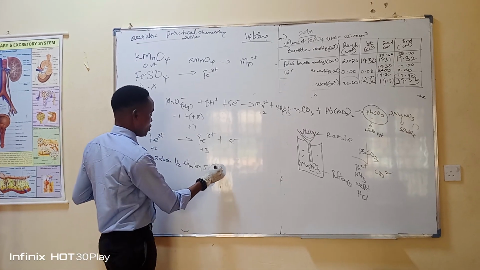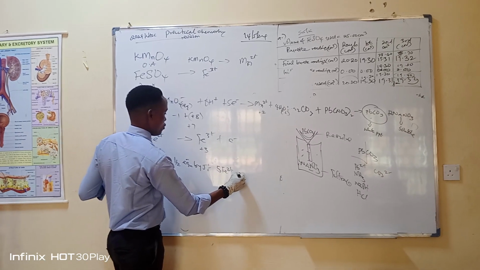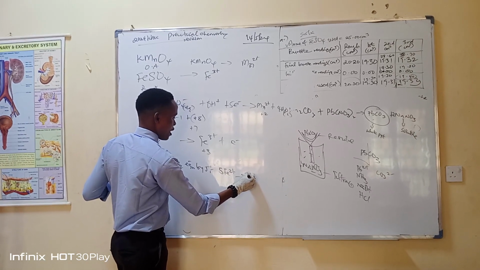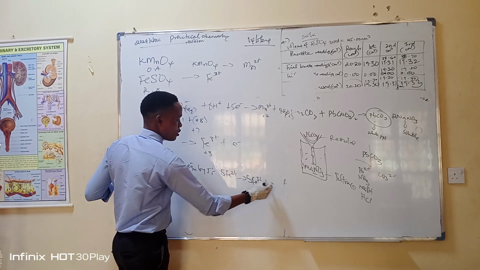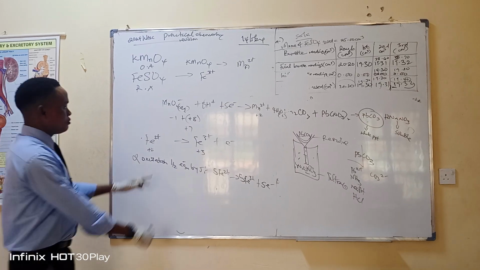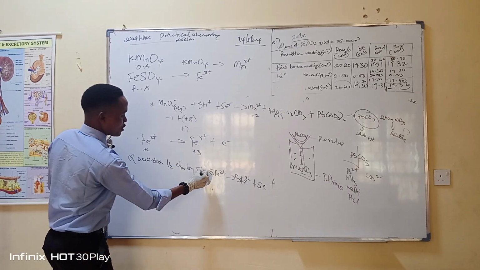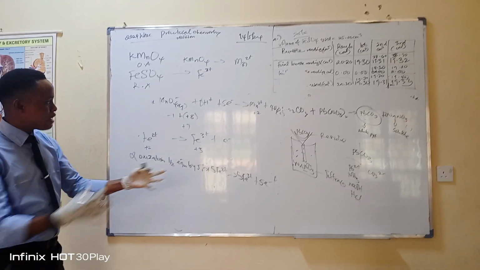That will now give you 5Fe2 plus to give you 5Fe3 plus and 5 electrons. Since the number of electrons lost and gained are now the same, you can now add everything together.